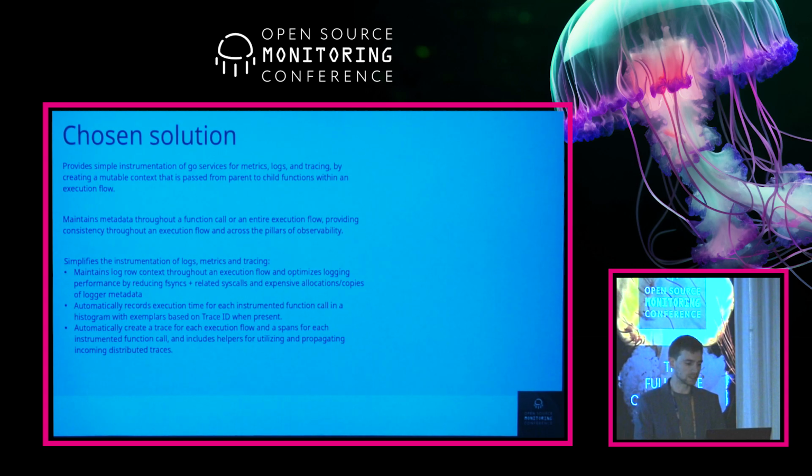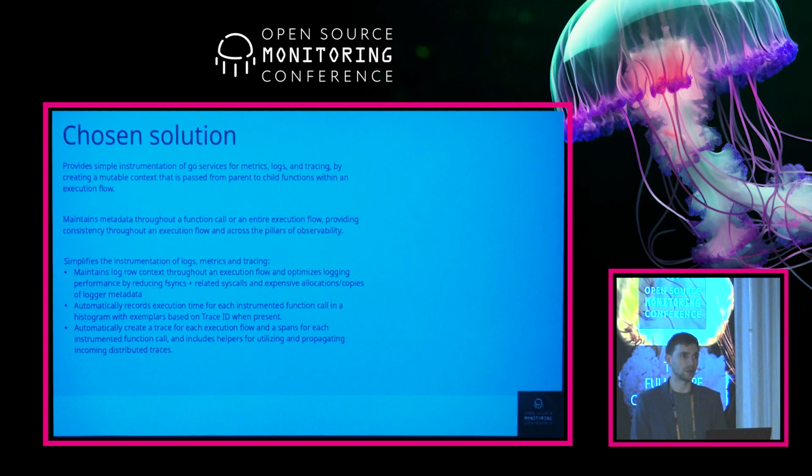So it provides consistency, it provides all of the pillars of observability, and it allows us to really get a consistent implementation across all those pillars. It also allows us to simplify our implementation for things like logging. Right?